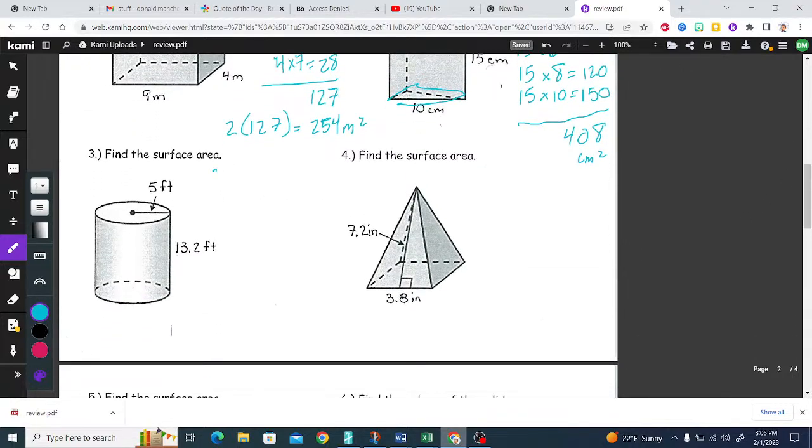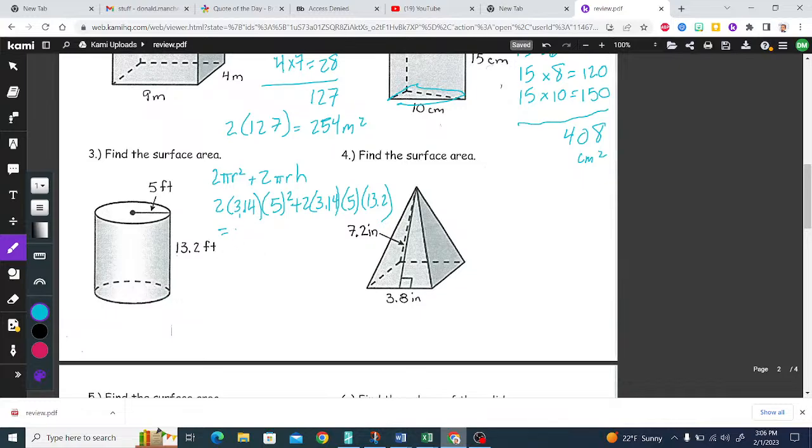This guy, we're just doing 2 times pi r squared plus 2 times pi rh. So we go 2 times 3.14 times 5 squared plus 2 times 3.14 times 5 times 13.2. Just because I think it's a good habit, I'll do the first part, 2 times 3.14 times 5 times 5.